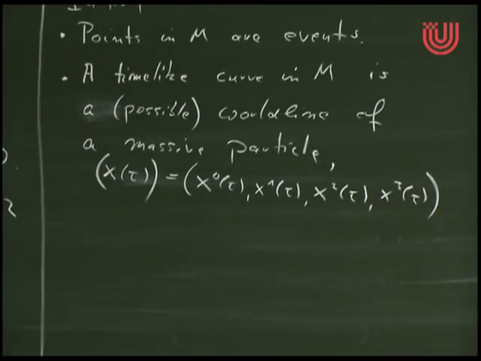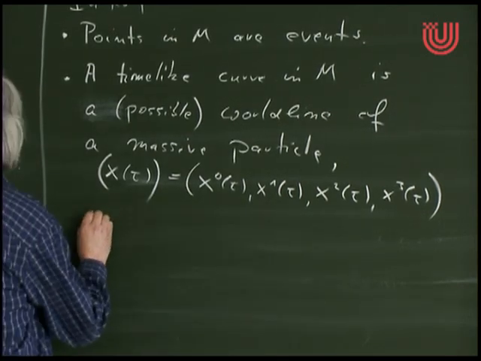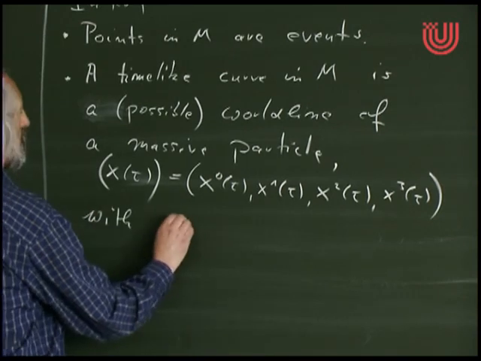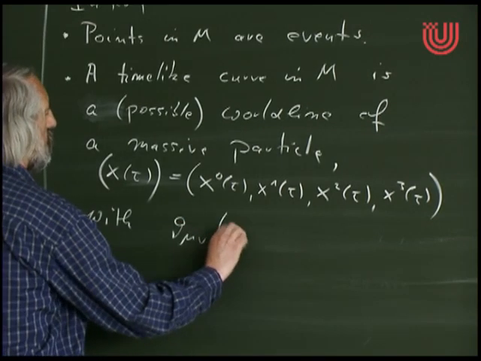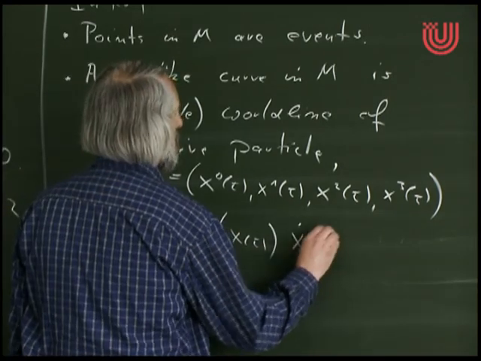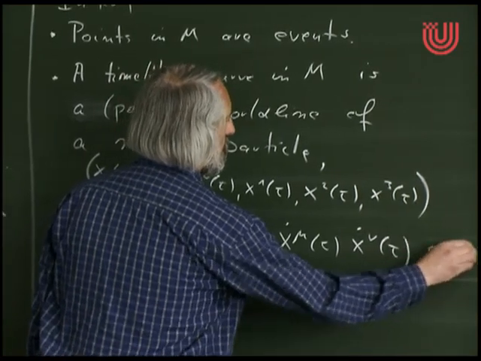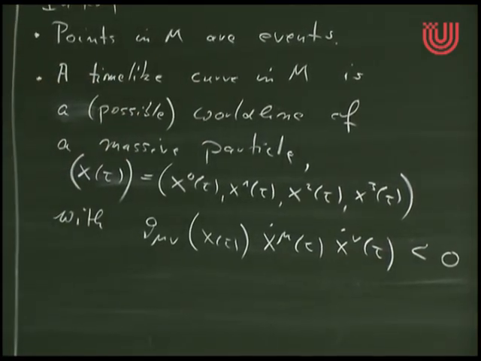The property that it be time-like is that the tangent vector to this curve is inside the light cone. So it should satisfy the condition that g mu nu at x of tau, x mu dot of tau, x nu dot of tau is smaller than 0.